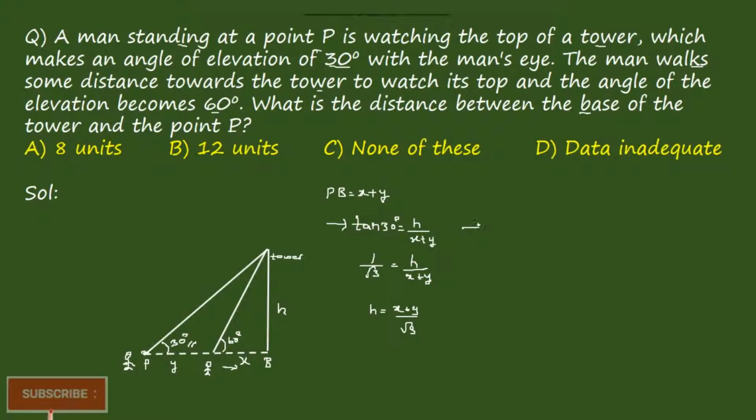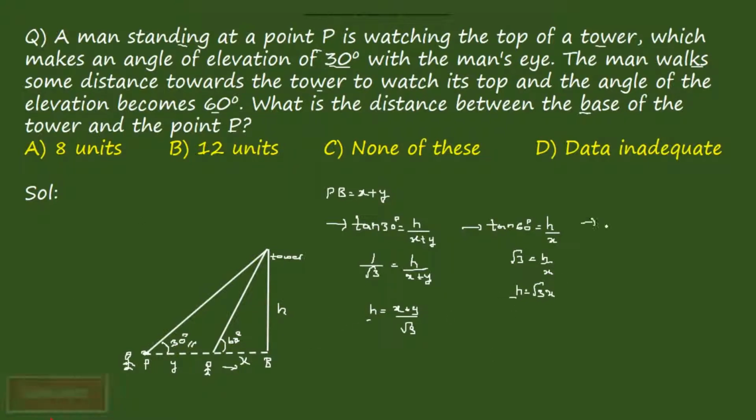Now I will consider tan 60 degrees. Tan 60 degrees is equal to height by base. Height is H, base is x. Tan 60 is root 3, which is equal to H by x. Then H is equal to root 3 x. Both the H are the same, so we can equate them.